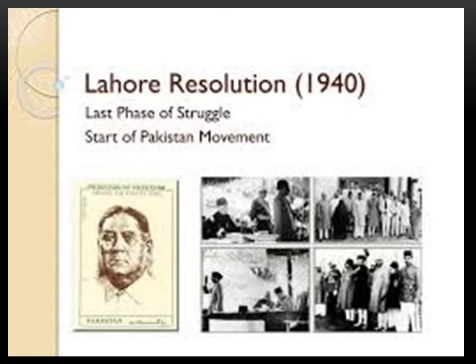And here the locations are given: the northwest and eastern zones of India should be grouped to constitute independent states in which the constituent units shall be autonomous and sovereign. Like both the units should have their own self government, their own authority, they will be in freedom. So this measure was passed unanimously by the Muslim League.